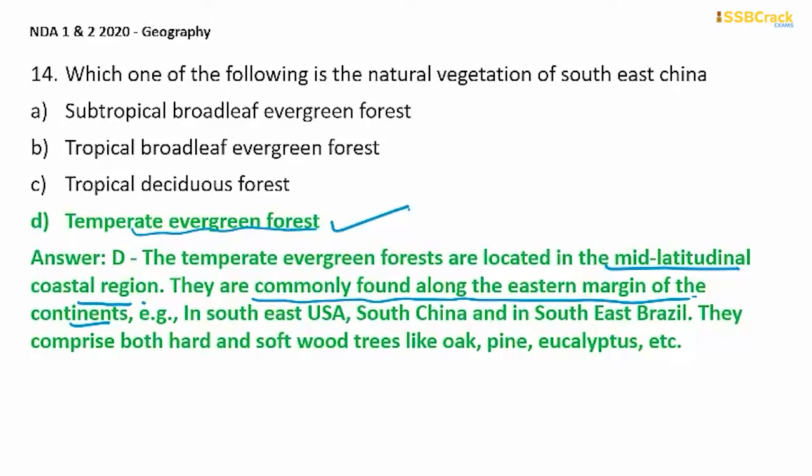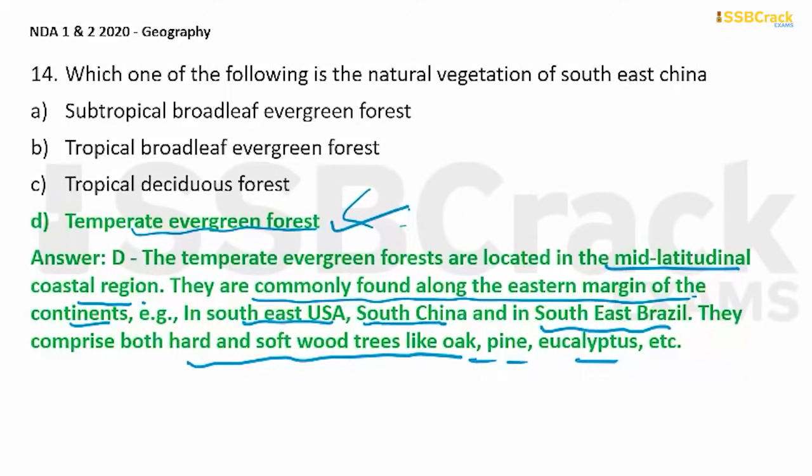Some examples of regions that have the temperate evergreen forest are Southeast USA, then South China, which is mentioned in the question, then Southeast Brazil. All of these regions comprise both hard and softwood trees like oak, pine, eucalyptus, etc., which are found in the temperate evergreen forest only. So I hope this is clear to you all.